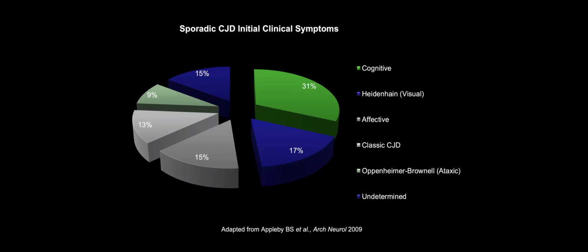And because of that and some of the MRI changes, they're often misdiagnosed as having a stroke. Most people don't think of prion disease because most people with prion disease don't just have visual symptoms alone.